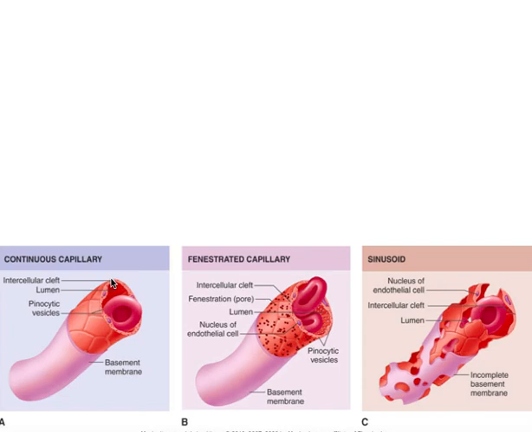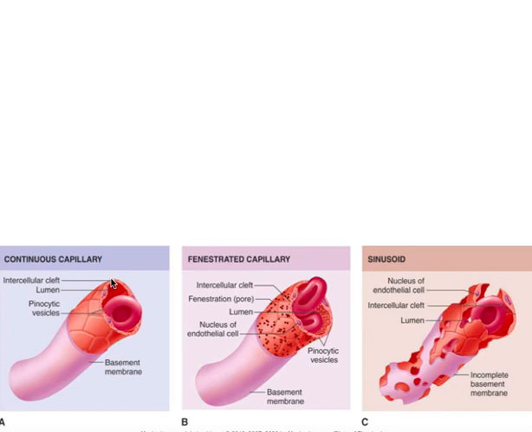Instead, we have these specialized cells called astrocytes that grab the continuous capillaries and ensure that there is no actual transmission of blood into the brain directly. So in that case, there are not even intercellular clefts. There's a different specialized structure that allows things to pass in and out.